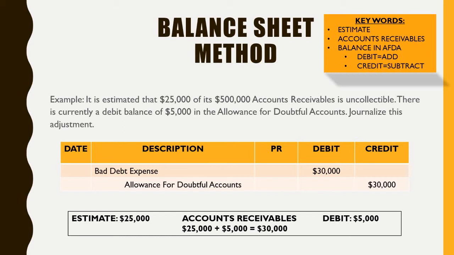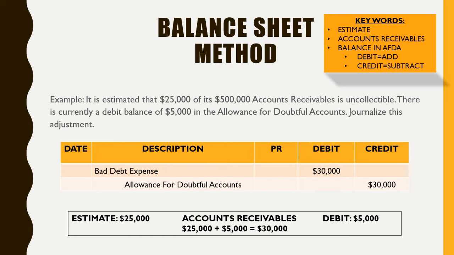If you're already positive, how do you get all the way to the negative? You need to backtrack to get to zero, and then add whatever amount you need to reach your end goal. Now a lot of students ask me this: where do I get a balance in my allowance for doubtful accounts?